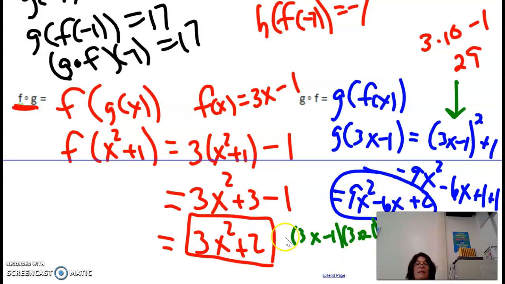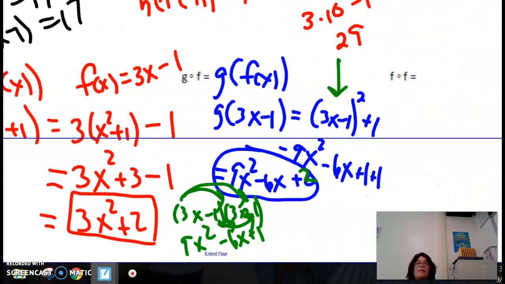That's where I was getting the 9x squared minus 3x, that's minus 6x plus 1. Okay, just to refresh. So 9x squared minus 6x plus 1, that's 9x squared minus 6x plus 2. That's the answer for g of f of x.